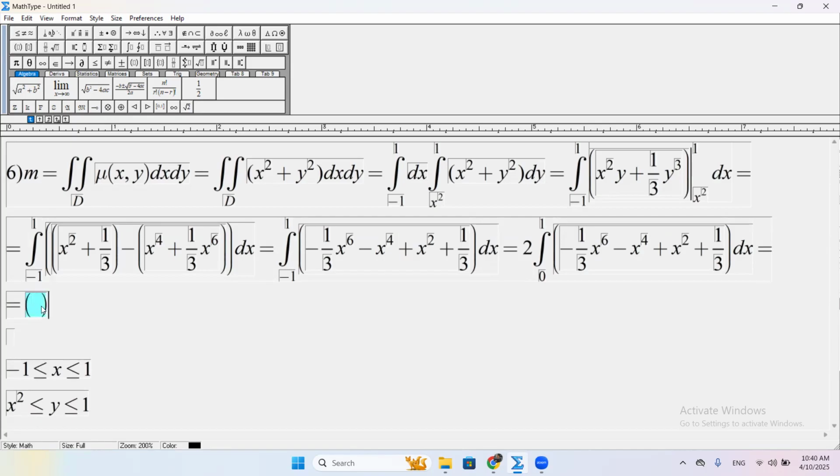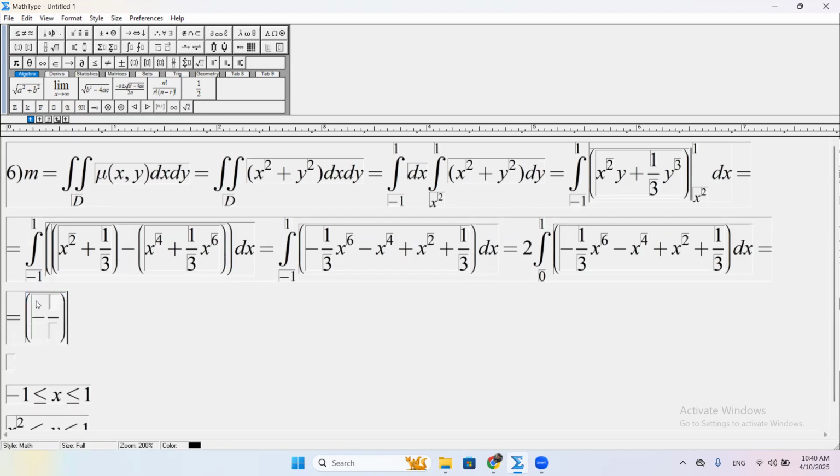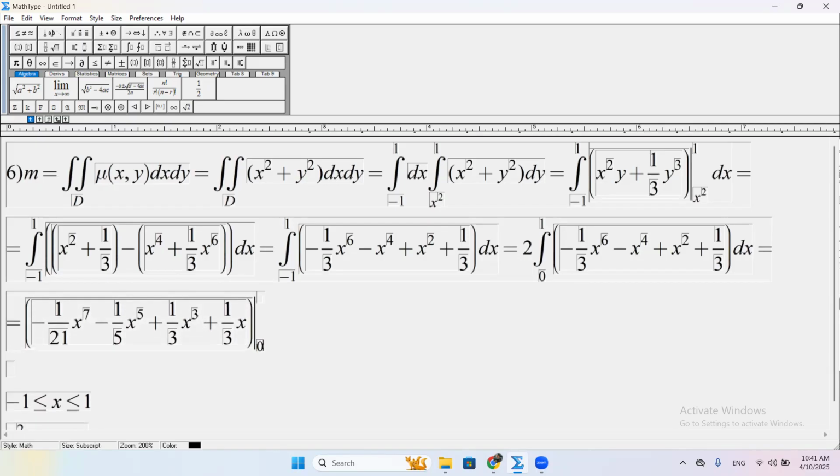So minus 1 over 21 x in power of 7 minus 1 over 5 x in power of 5 plus 1 over 3 x cubed plus 1 over 3 x.